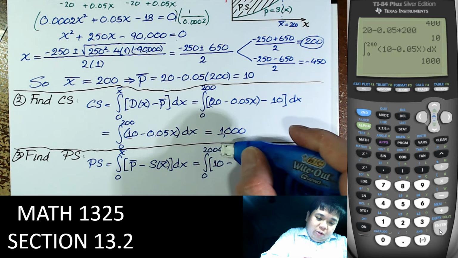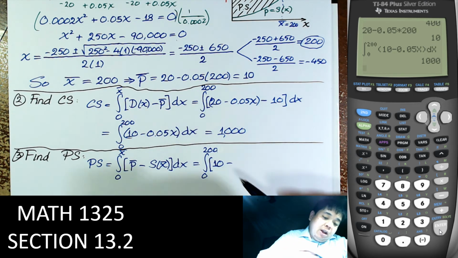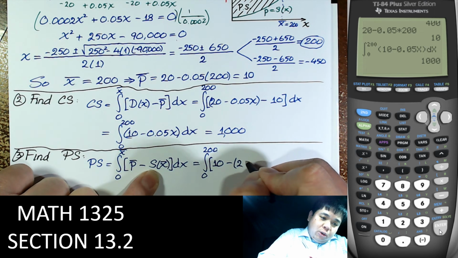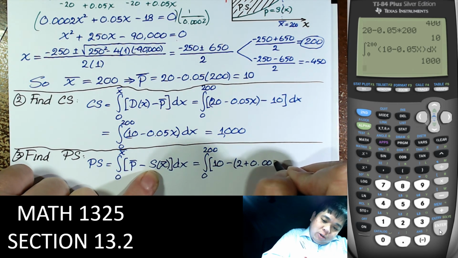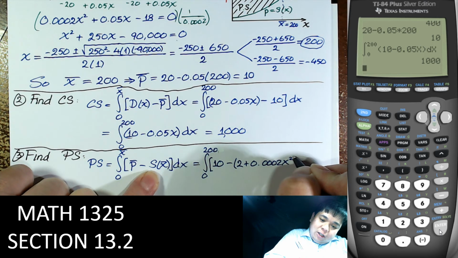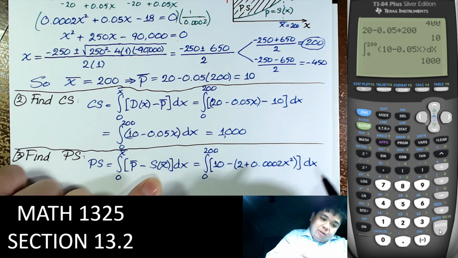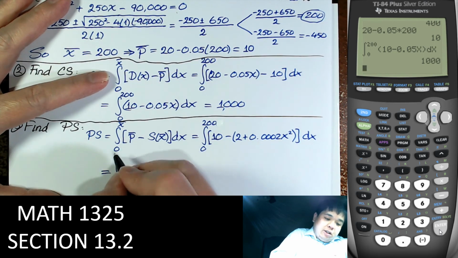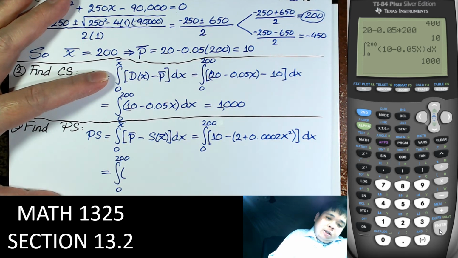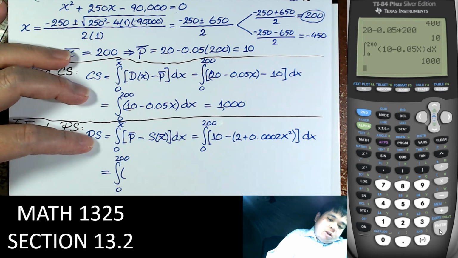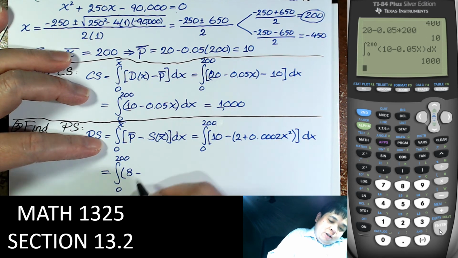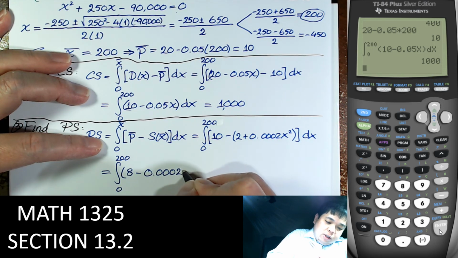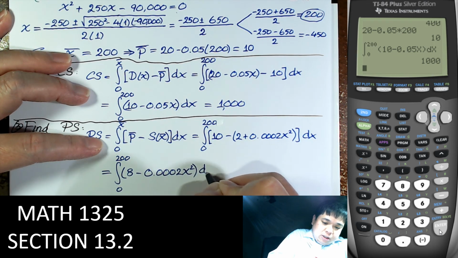The supply is 2 plus 0.0002 x squared dx, 0 to 200. 10 minus 2, that's 8, minus 0.0002 x squared dx.